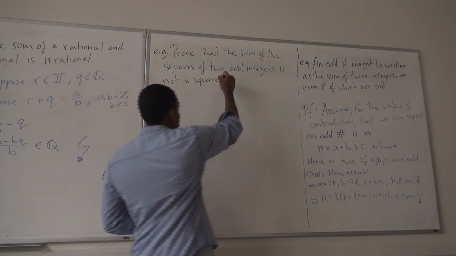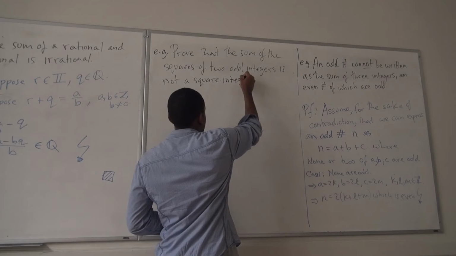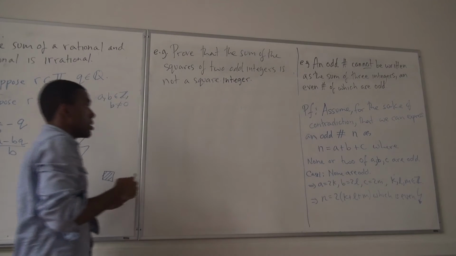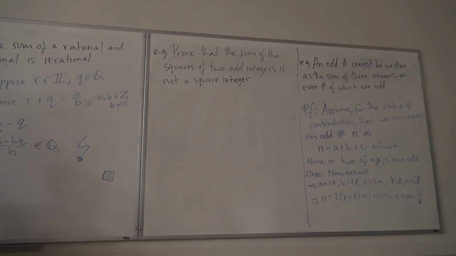Or to be specific, a square integer, right? So it's not the square of some integer. In other words, a squared plus b squared equals c squared will not hold if a and b are odd.